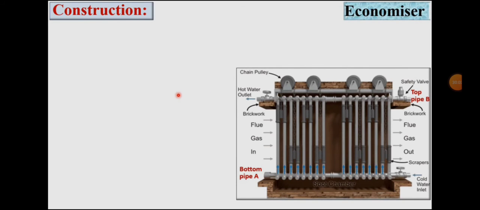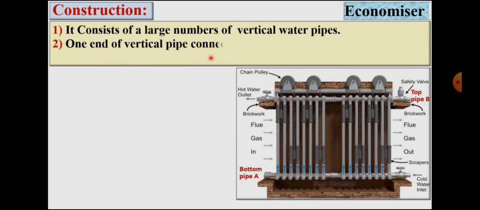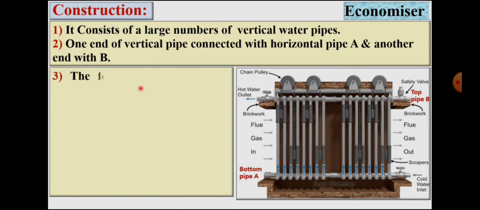Now, construction of the economizer. It consists of a large number of vertical water pipes. One end of each vertical pipe is connected with horizontal pipe A and the other end is connected with another horizontal pipe B. This pipe is known as the bottom pipe and this pipe is known as the top pipe.